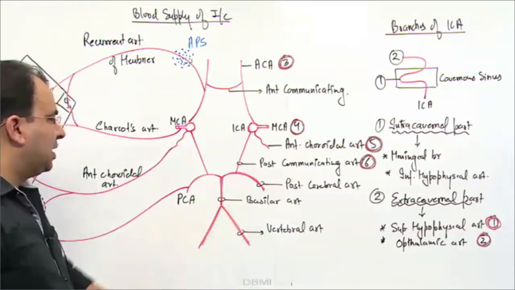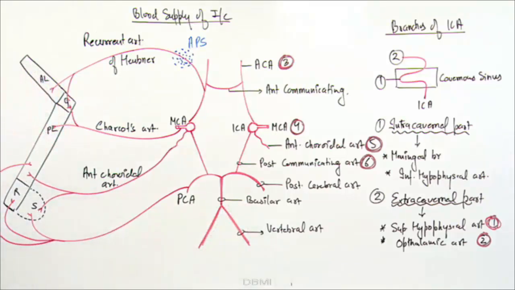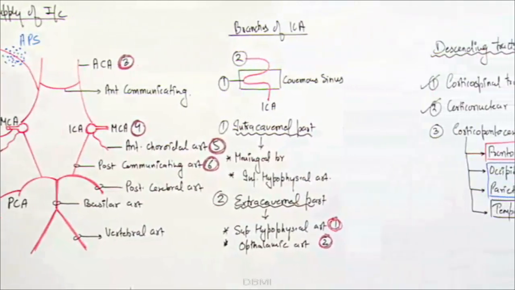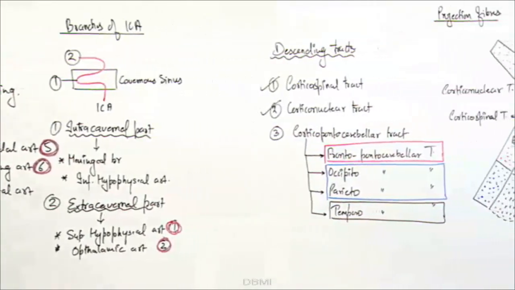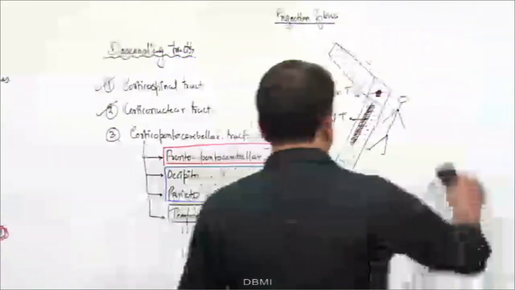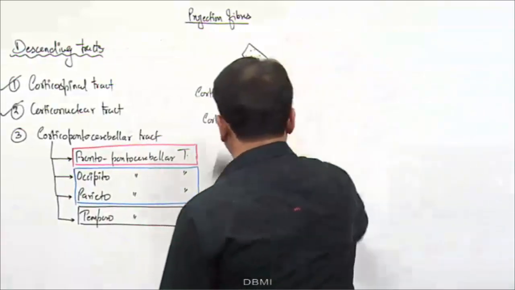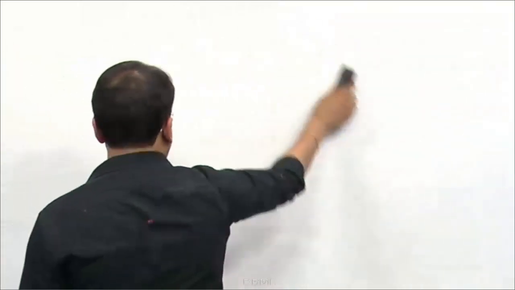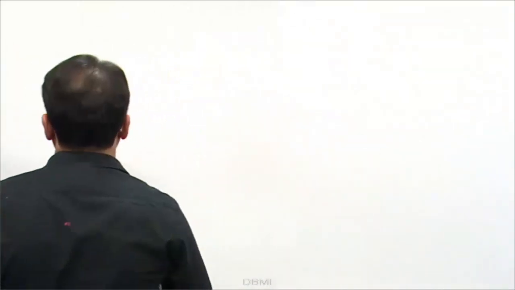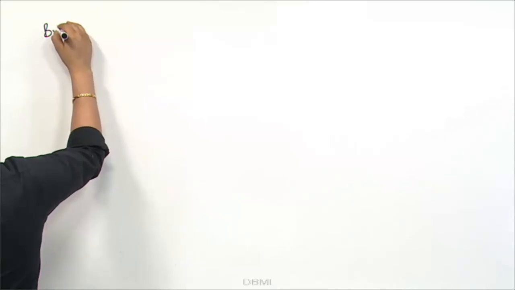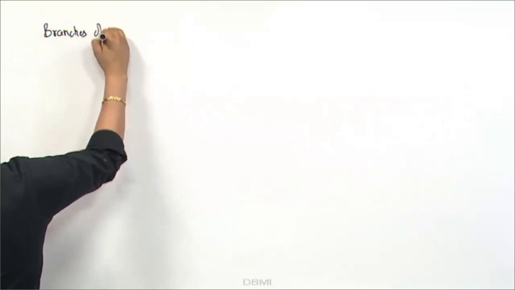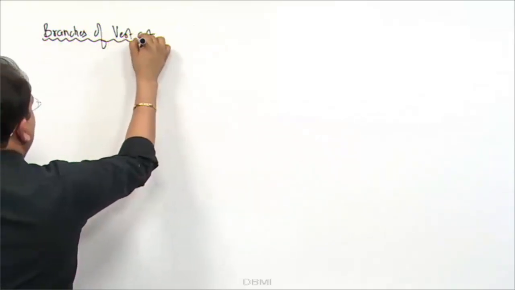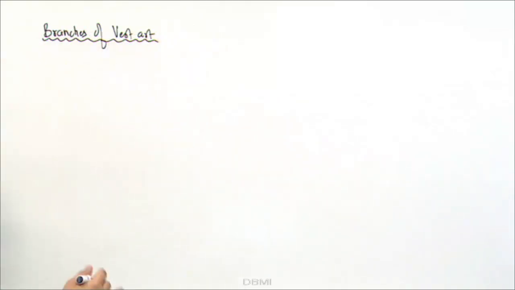What about the branches of the basilar artery and vertebral artery? The vertebral artery, as we know, is running on the medulla.